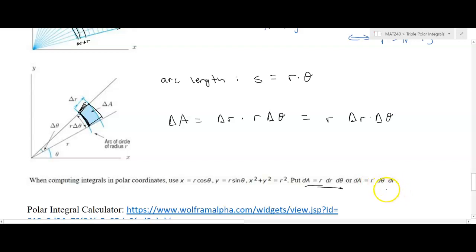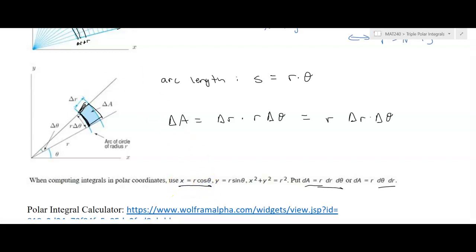Here, it's not going to matter really at all whether you decide to go dr dθ or dθ dr, because these boundaries will almost always be constant. And another thing we're going to have to do is, if we change our variables of integration to r and theta, we also have to replace x and y with something in terms of r and theta.